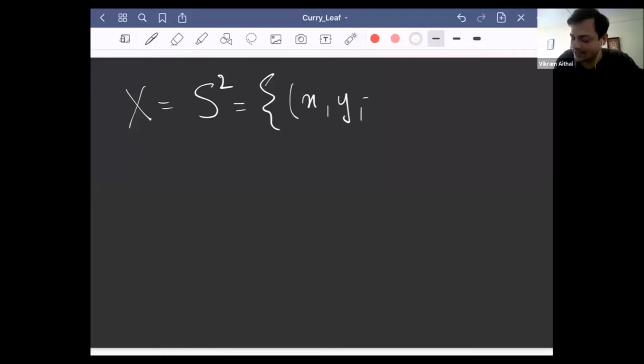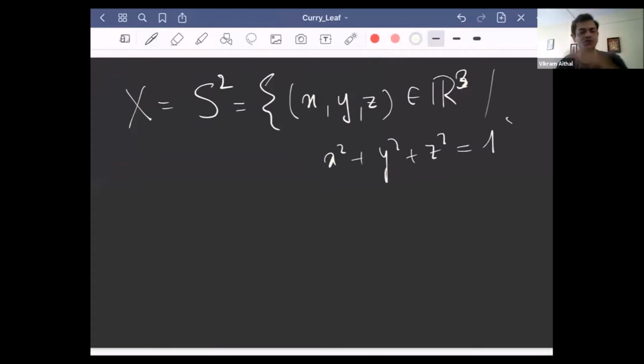So let's take this. This is the set of all points in R3 such that x squared plus y squared plus z squared equals 1. So this is the unit sphere in R3. And what is this collection L that I'm taking? This is the set of all great circles.